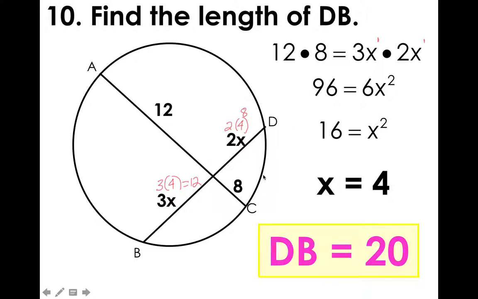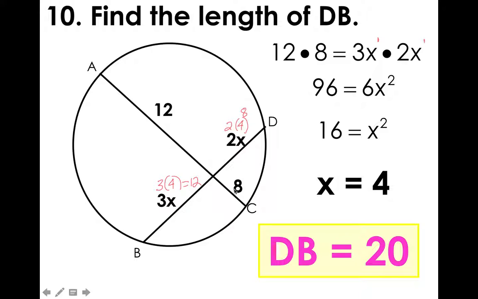Now, I do want to caution everyone. Do not think that just because two chords intersect inside of the circle that they will always be the same length. It is just a coincidence that when I find the length of DB to be 20 and the length of AC to be 20, just a coincidence.